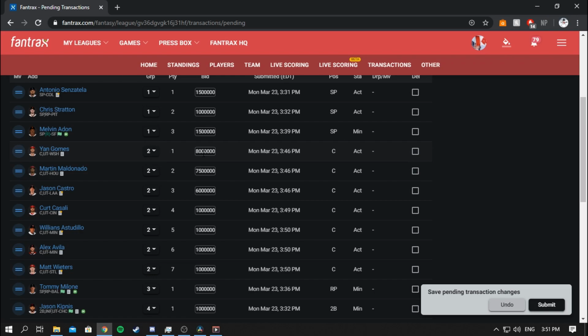This doesn't have to be in descending bid value either. Like I bid $8 on Golems and $7.50 on Maldonado, 6 on that, but you don't have to go in declining order. You could say, well, if I can get Castro for $4, I'll try that.